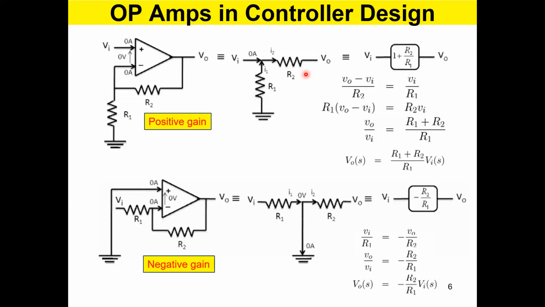So you can write KCL, Kirchhoff's current law, to this point. Current coming in this direction, current coming in that direction, current coming in this direction. When you add all these things, it should be equal to 0, because that is what Kirchhoff says.